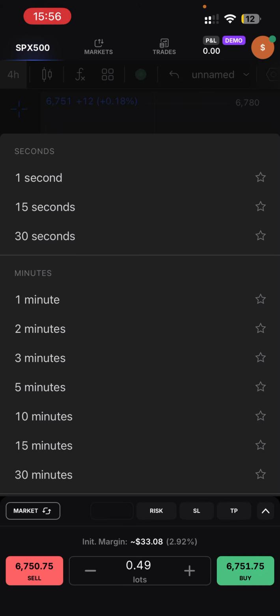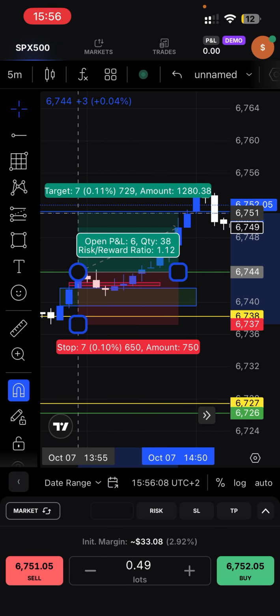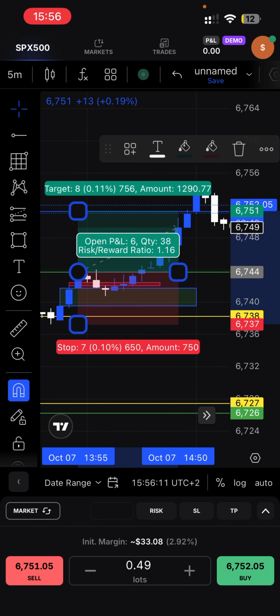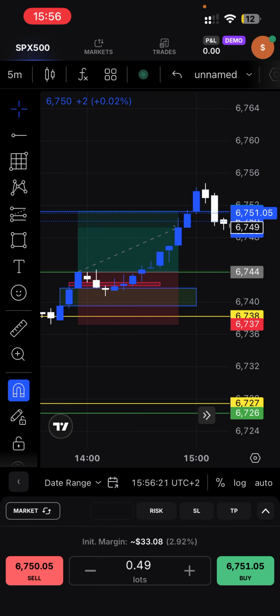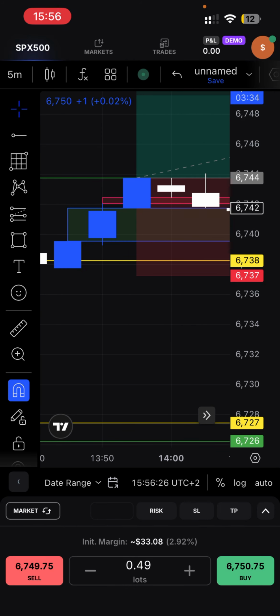So let me go back on 5 minute. That would have been my take profit. That's, okay, 1.16. That's actually kind of bad. Maybe I shouldn't put the stop loss that loosely.